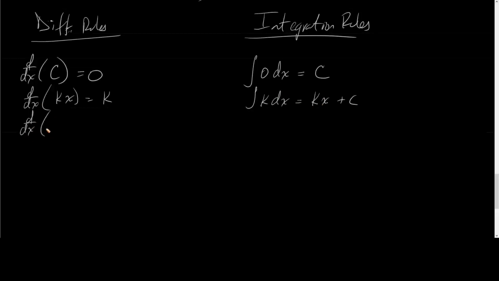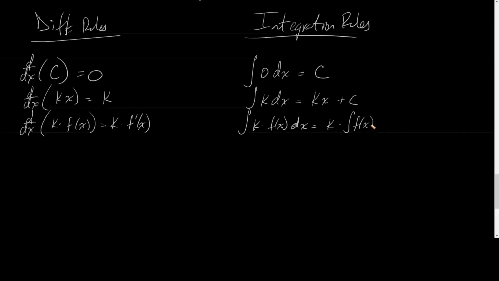We know the derivative of a constant times a function is that constant times the derivative of the function. Similarly here, the integral of k times f of x dx would be the same thing as k times the antiderivative of f of x dx.